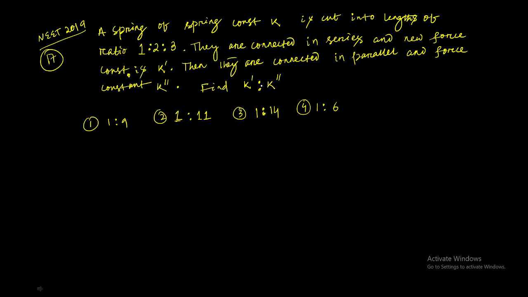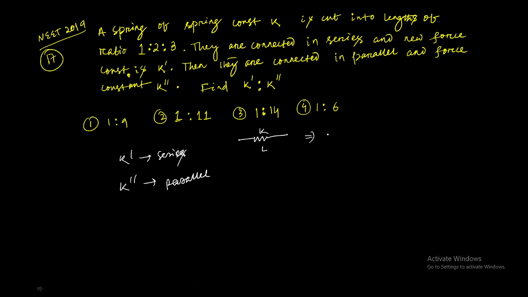Find K dash is to K double dash. So K dash is for series and K double dash is for parallel. So one spring is there, spring constant K and length L.